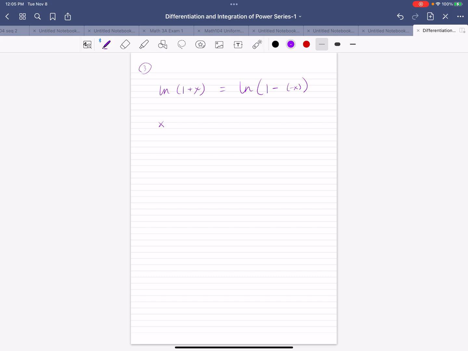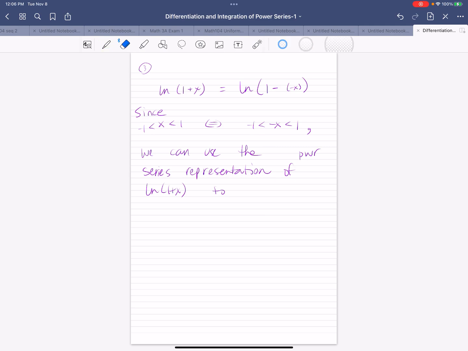Since x is between negative 1 and 1 if and only if negative x is between negative 1 and 1, we can use the power series representation of natural log of 1 minus x to get that of natural log of 1 plus x.